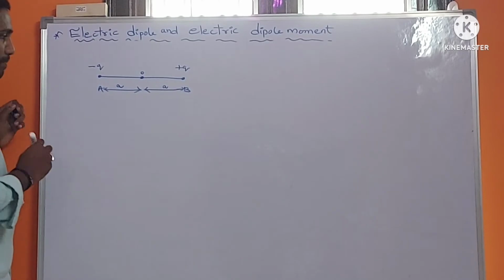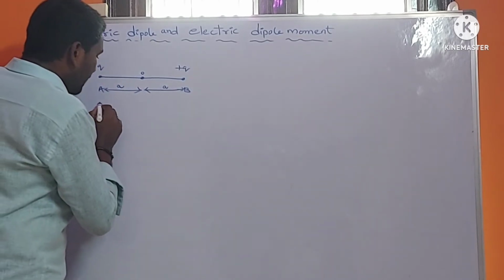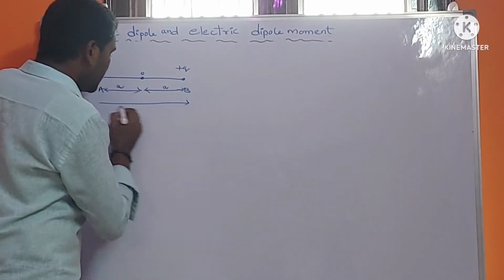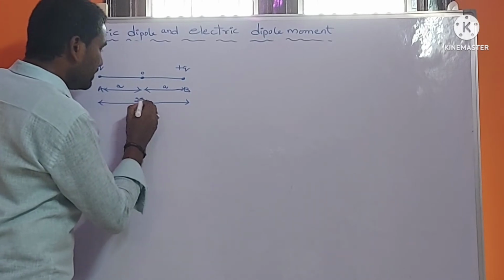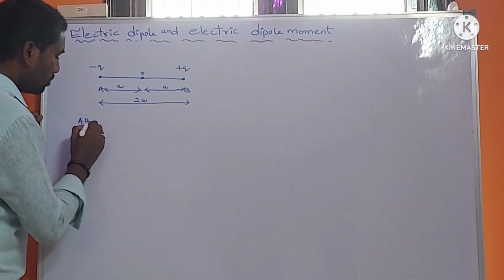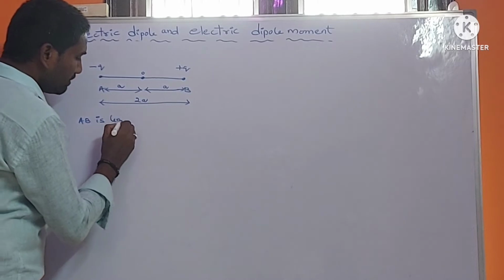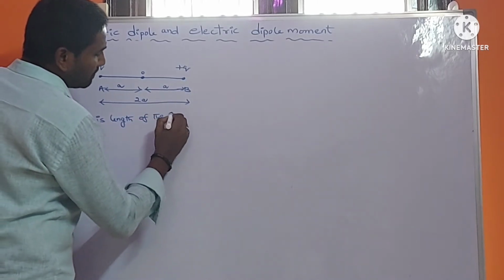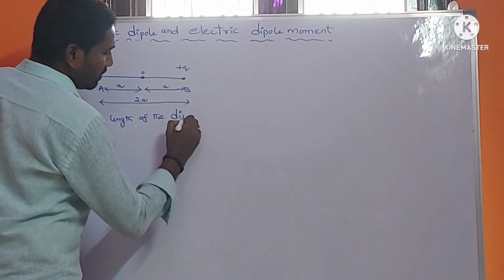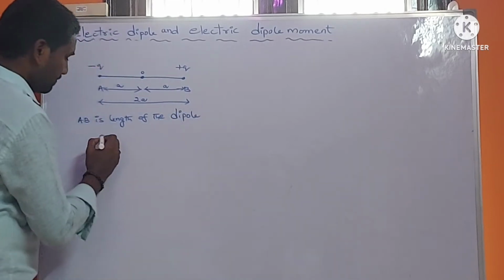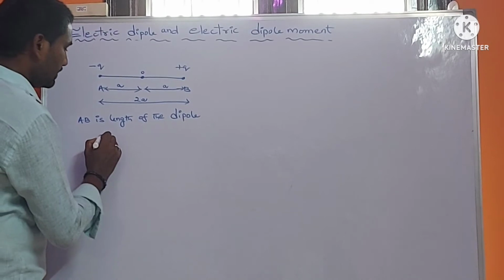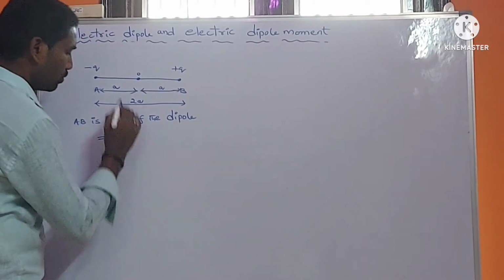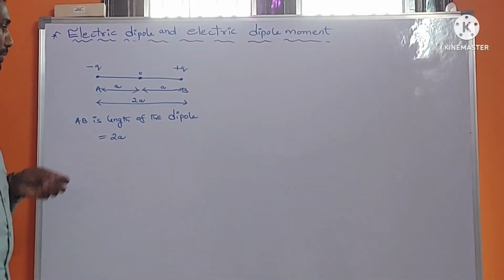The total length of the dipole is 2a. AB is the length of the dipole, equal to 2a.